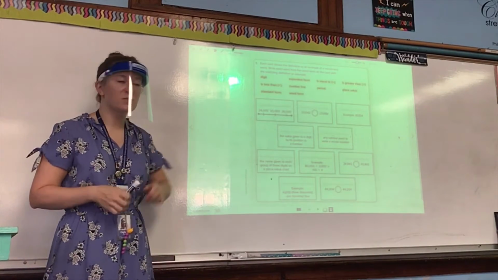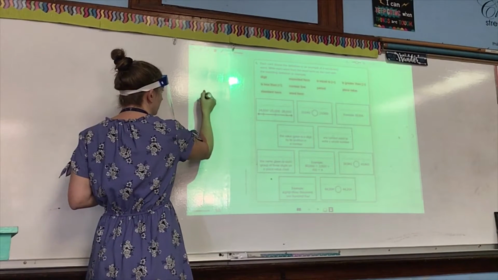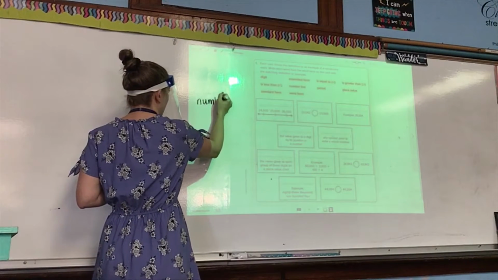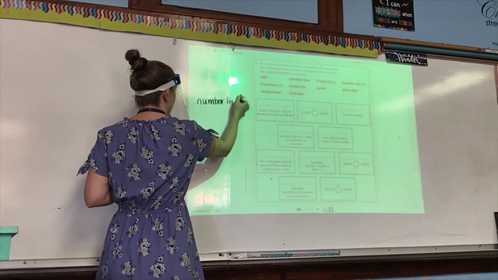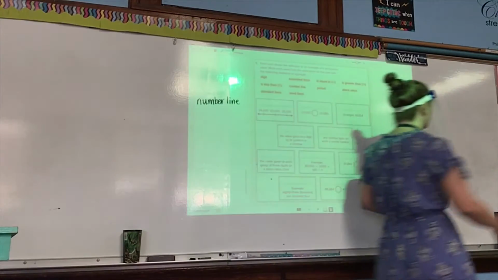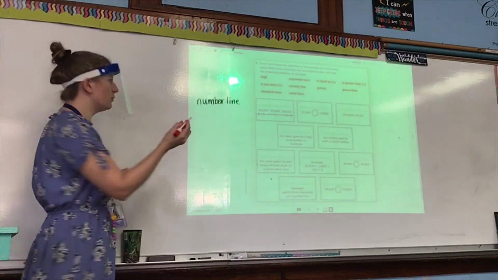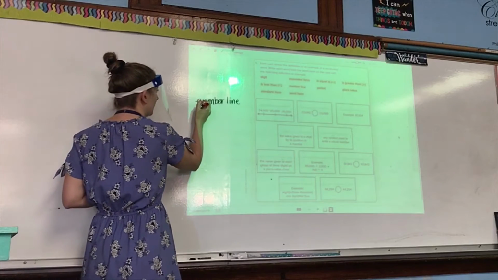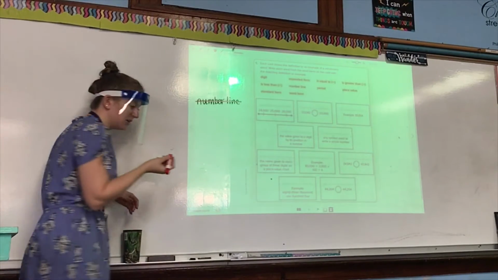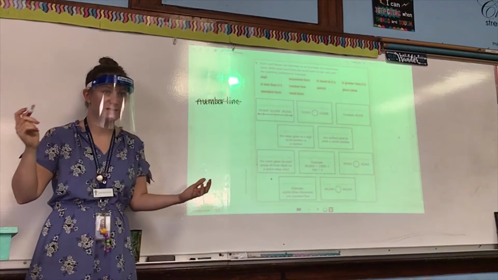If your answer is wrong, say you put the word number line, but it's supposed to be digit. Well, you would take your red pen and you would just put one thin line through the number so that you and I can both see what your original answer was.